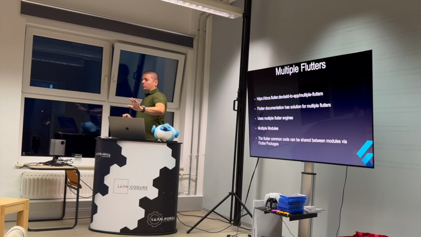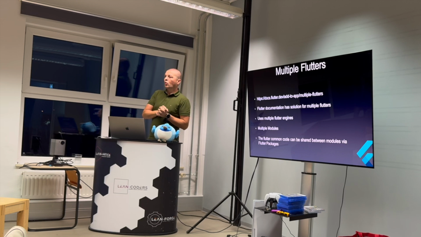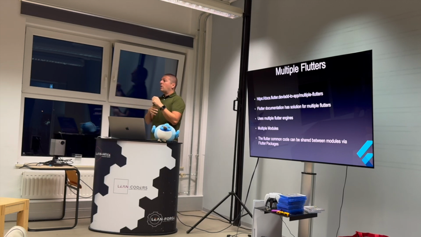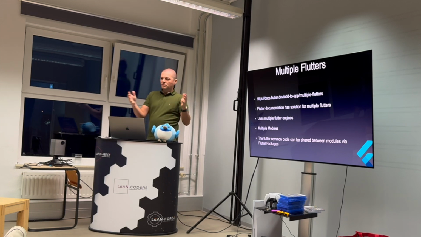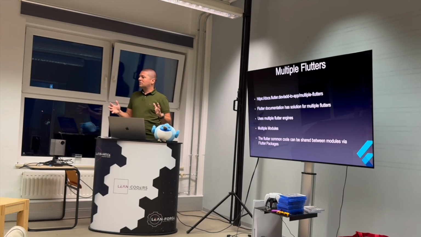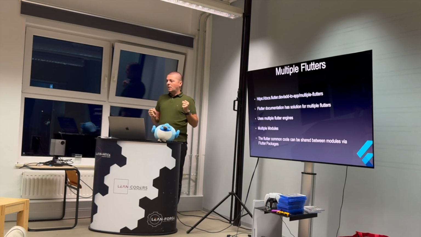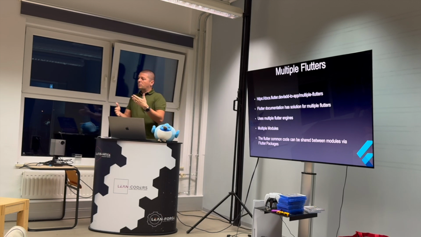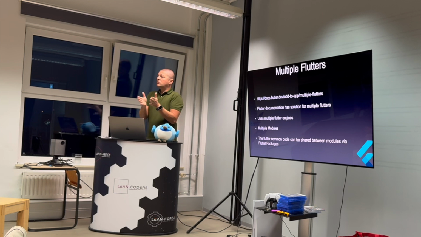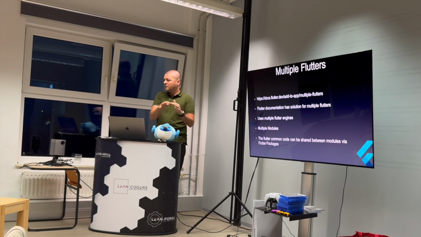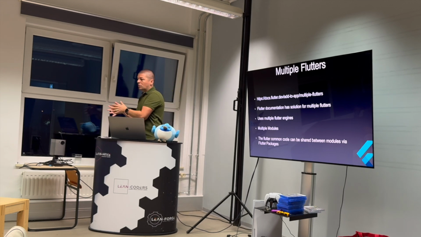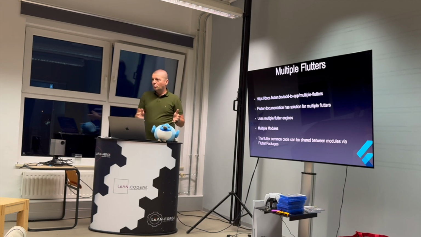Now the problem appears. Flutter documentation will give you an example on how to use multiple Flutters in your app. And we are Flutter developers, we go to the documentation and we start building. And then the problem appears. One of the problems is, okay, I have multiple Flutter engines. I have multiple modules. If I create for every engine a separate module, I have multiple modules.